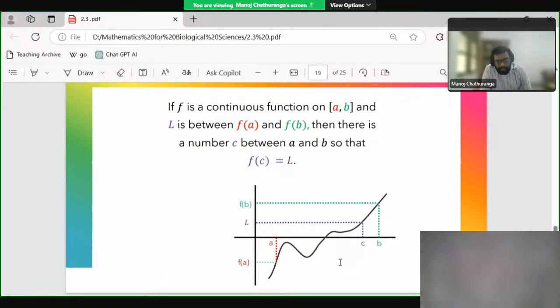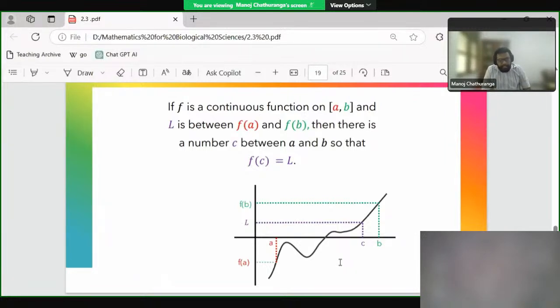And say at a, the function value is f of a, something like this. At b, function value is f of b. So you have f of a and f of b. F of a can be larger than f of b, or f of b can be larger than f of a. We don't know. In general, those are two different numbers.